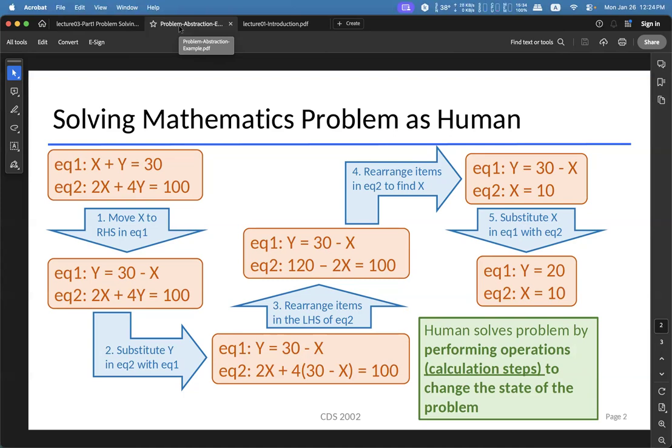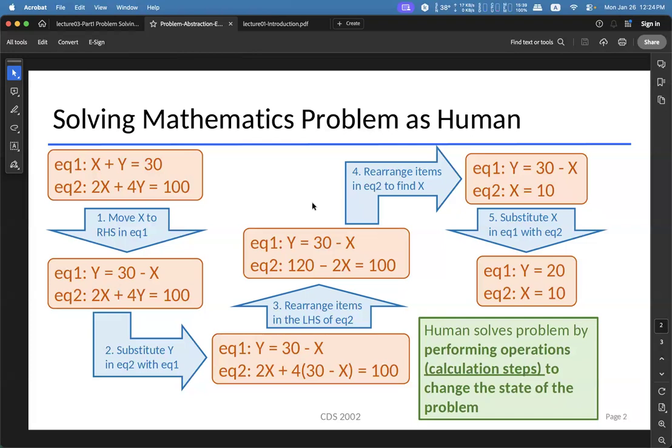We are essentially conducting operations on the symbols and hopefully generating solutions. And essentially, this is the fastest sequence to get to the solution that we want.